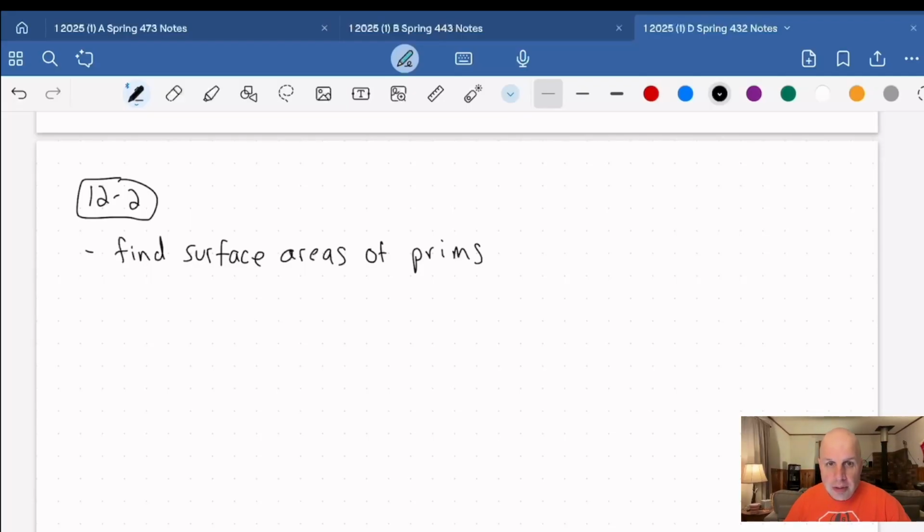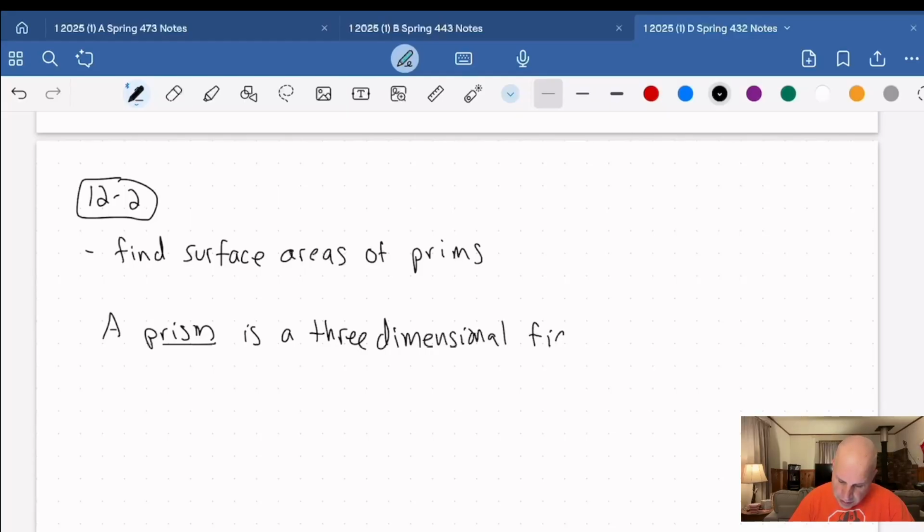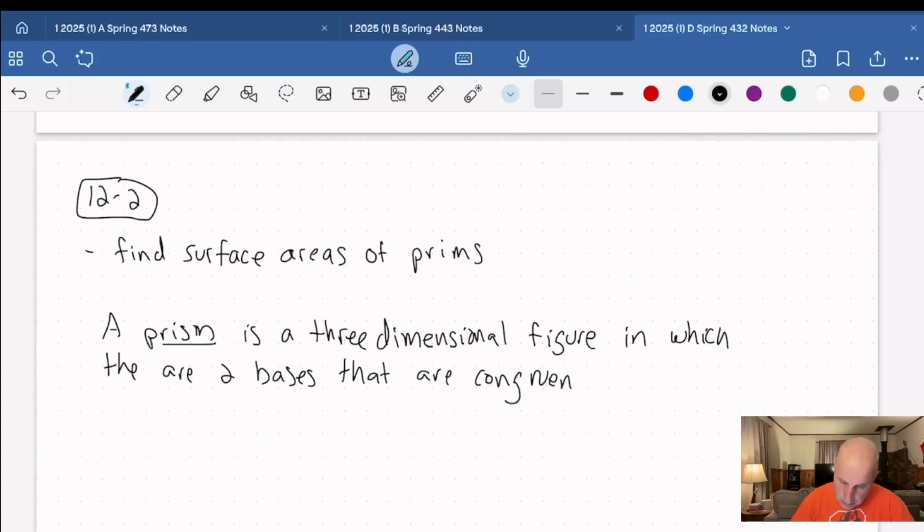Let's start off with a mathematical definition of a prism. A prism is a three-dimensional object or three-dimensional figure in which there are two bases that are congruent and the other sides, there will be more than two.